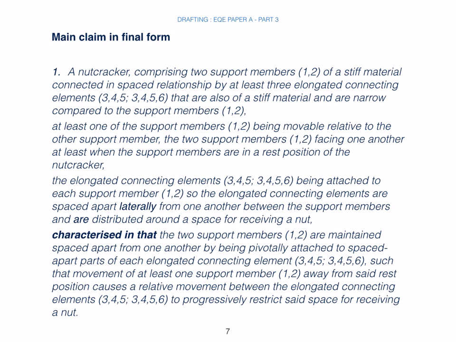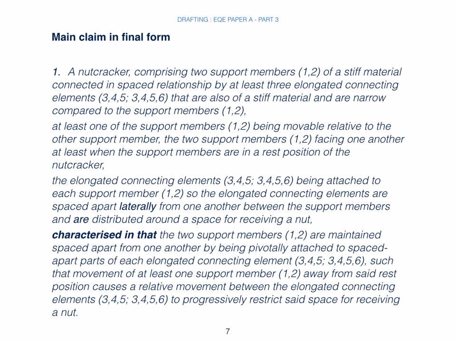A nutcracker comprising two support members of a stiff material connected in spaced relationship by at least three elongated connecting elements that are also of stiff material and are narrow compared to the support members. That hasn't changed. At least one of the support members being movable relative to the other support member, the two support members facing one another, at least when the support members are in a rest position of the nutcracker. That hasn't changed either.